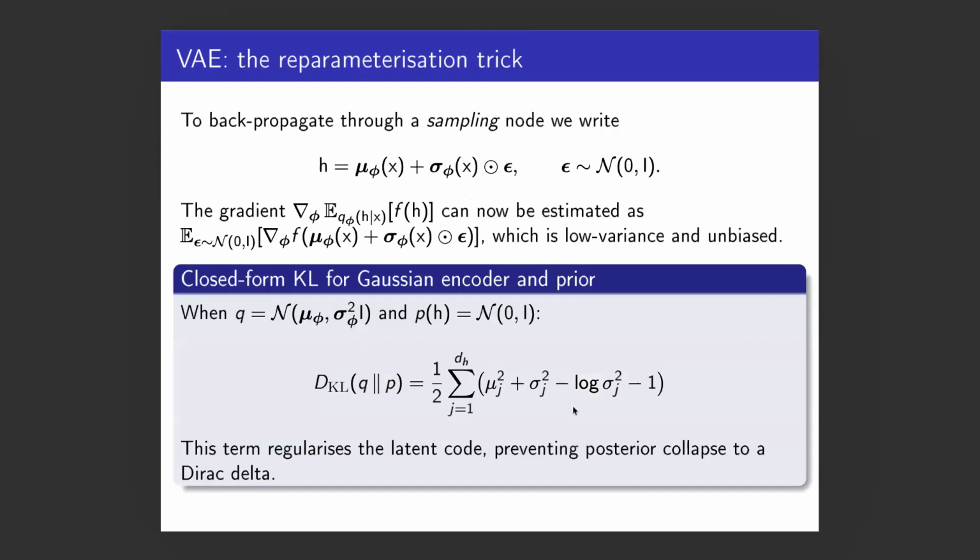So to backpropagate, this is just a reminder of what we have in the slides from last week. There is a sampling node. You would typically write this h in terms of the mean value plus the variance, multiplied with a noise, an epsilon.